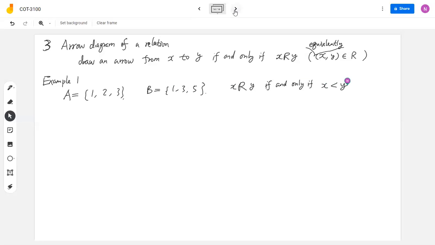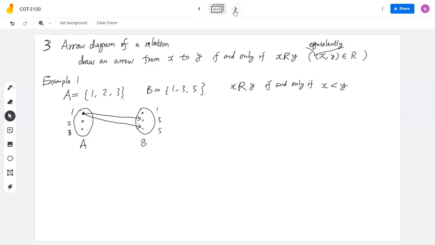Then typically we draw a set like this. I put 3 dots to denote 1, 2, 3 respectively. This is my set A, and I draw another 3 dots, 1, 3, 5, and this denotes my set B. So 1 is related to 3 by R, so we draw an arrow like this. 1 is also related to 5.